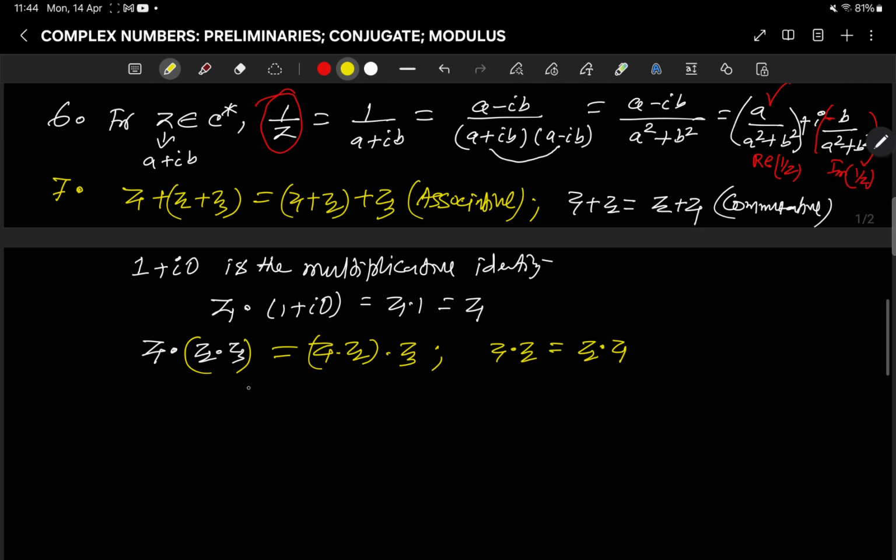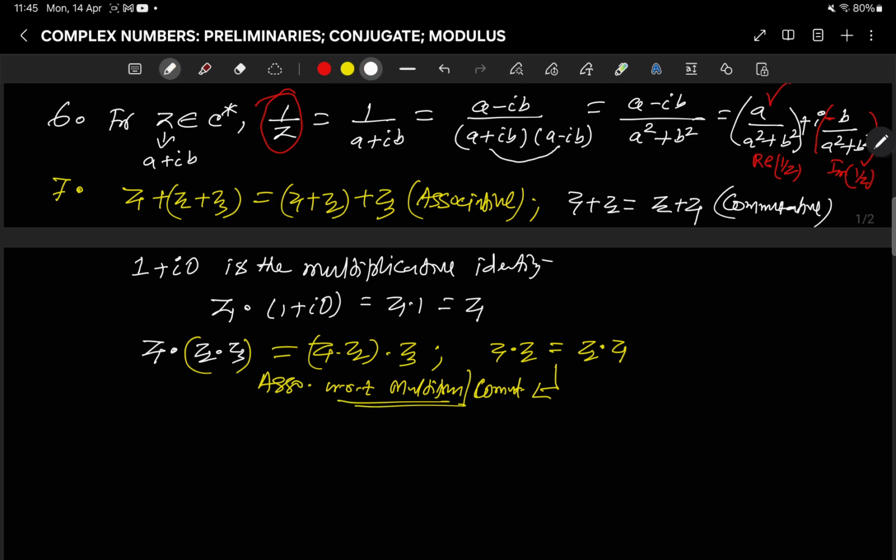So this is my associative property with respect to multiplication, and this is my commutative property with respect to multiplication.